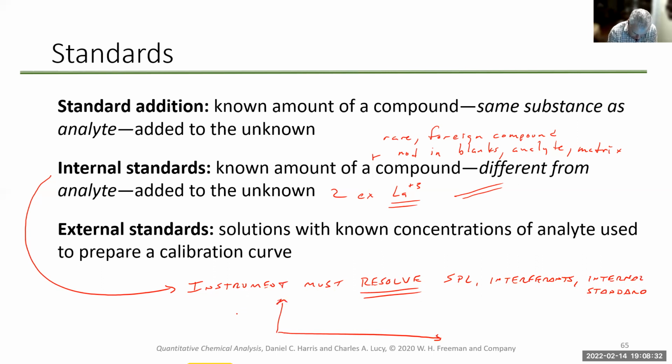A spectrum can be absorbance versus wavelength. It can be emission power versus wavelength. It can be signal versus m over z, the mass to charge ratio of an ion. And it can be signal versus time, for example, in a chromatogram. Does that make sense?